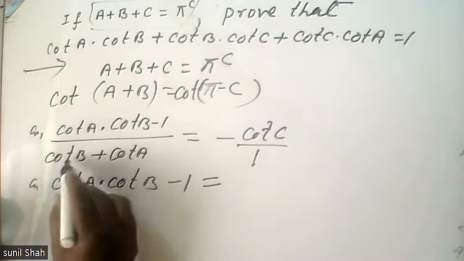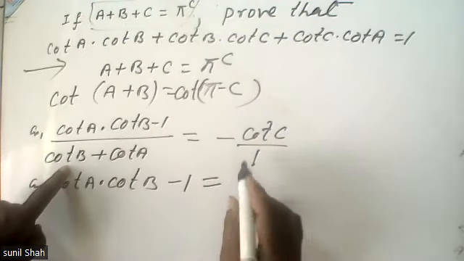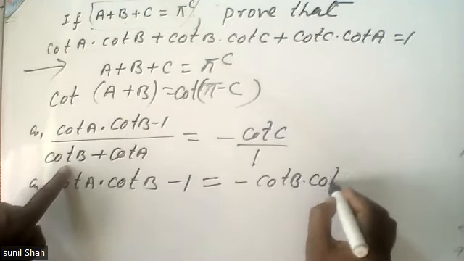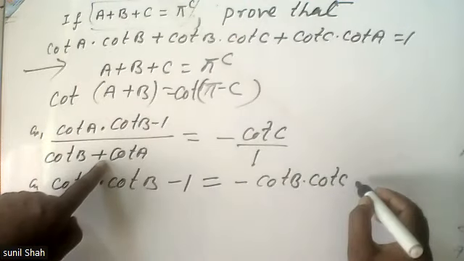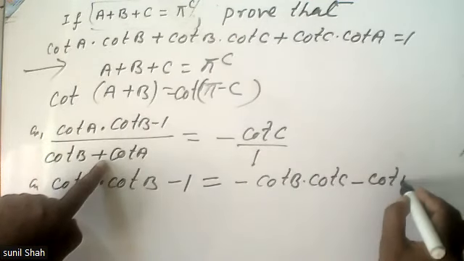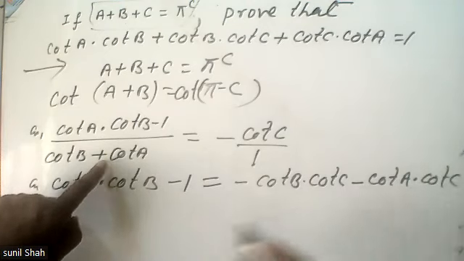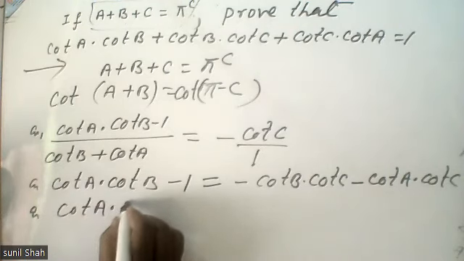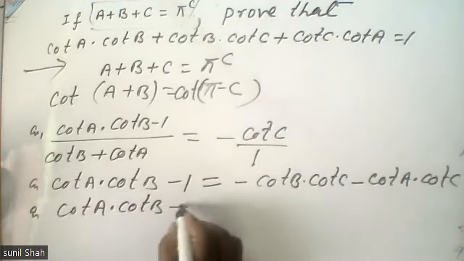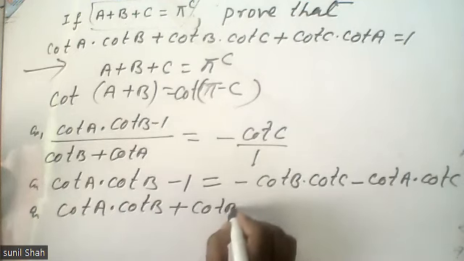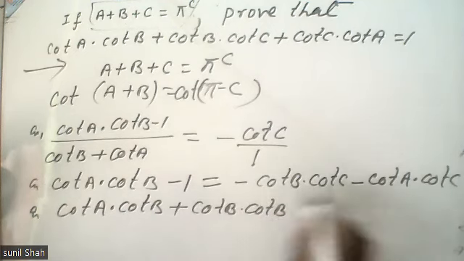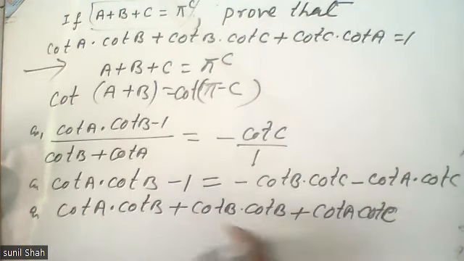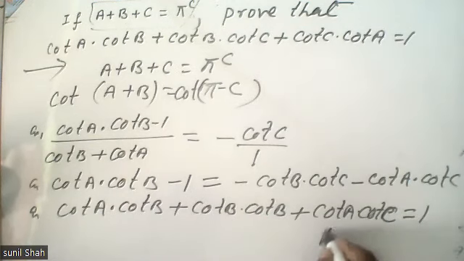And now this minus cot C with cot B, multiply this by this, minus cot B into cot C, again minus cot A into cot C. Or rearrange this according to the LHS and RHS. Cot A into cot B plus this comes here, cot B into cot C. This also comes this side, cot A into cot C. And this one goes that side. This will be 1. Proved.